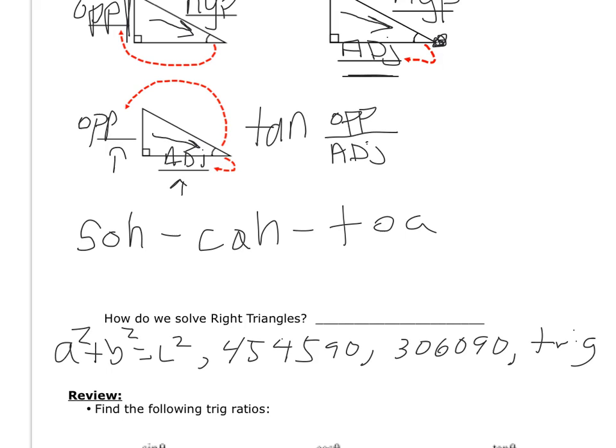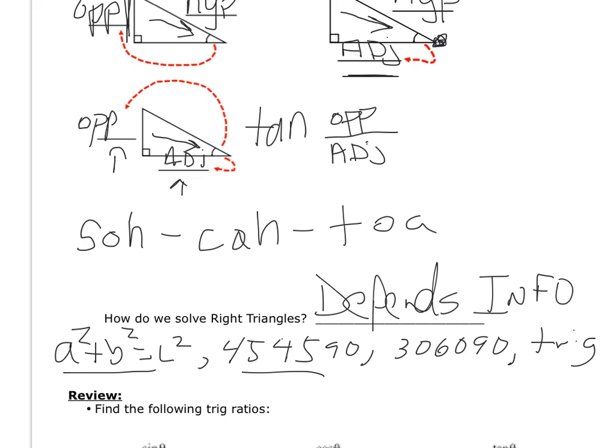So really, there's not just a set answer for this question of how do we solve right triangles. How we find missing parts of a right triangle, doesn't it depend on the information that is given? So I would put it depends on your info.